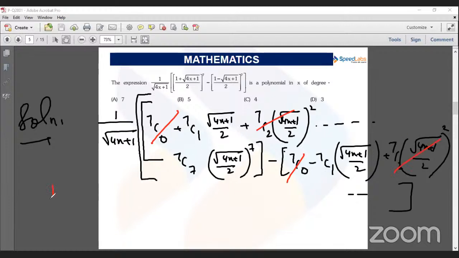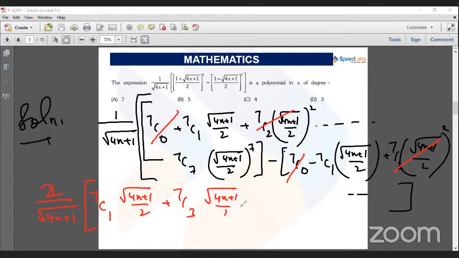So what will remain is 1 by root(4x+1) times twice of 7C1 root(4x+1)/2 plus 7C3 (root(4x+1)/2) whole cube, up to the last term 7C7 (root(4x+1)/2) whole power 7.